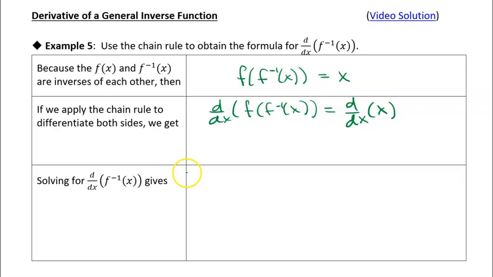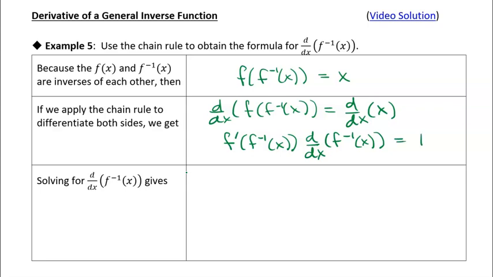So when we use the chain rule on the left side, we're going to get f prime of f inverse of x, right? Take the derivative of the outside function, leave the inside function alone, and then we have to take the derivative of the inside function. So we're just going to write that as d/dx of f inverse of x, and then that will be equal to 1.